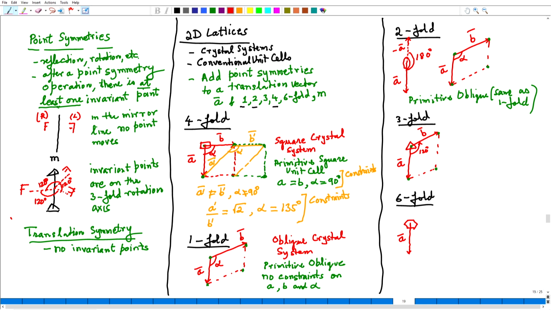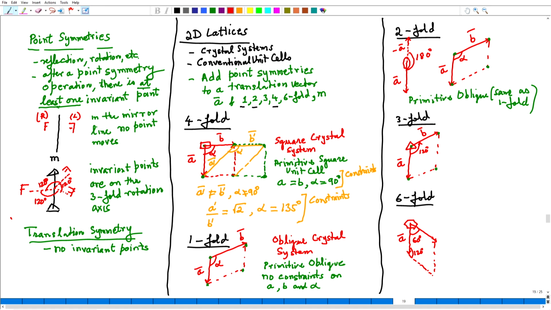But remember, I can also rotate by 120 degrees. That would also be fine. But let us rotate by 60 degrees. So, one possible unit cell that I get is a kind of a rhombus with a 60-degree angle here and a 120-degree angle here.